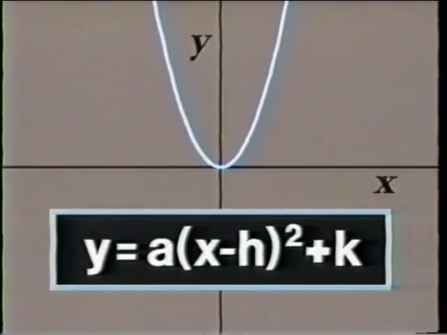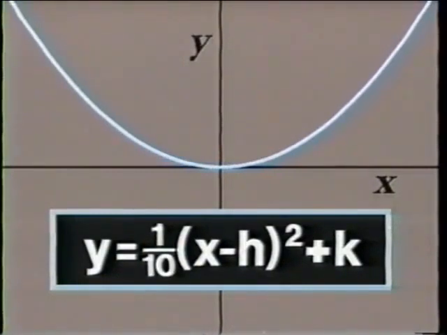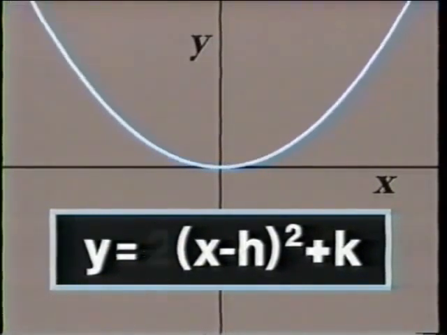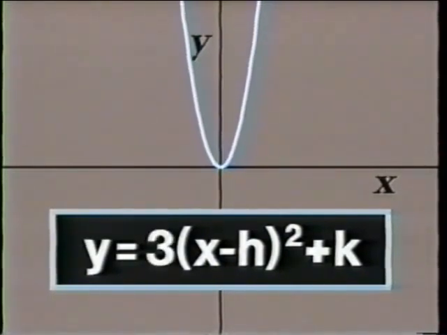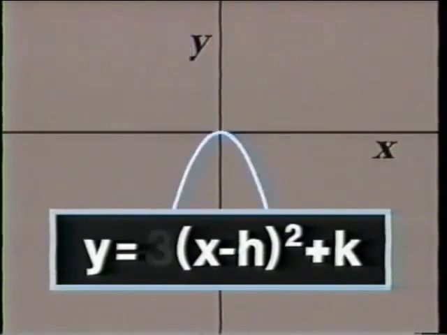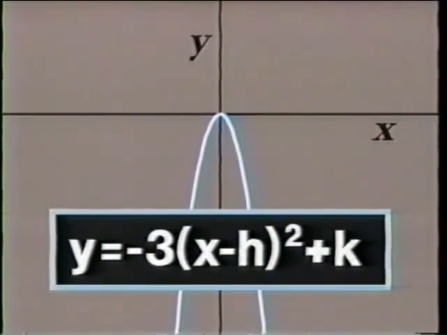For example, the value of a controls the shape of the parabola, wider when a is closer to 0, or narrower as it moves away from 0. A also determines which way the parabola opens, upward when a is positive, downward when negative.